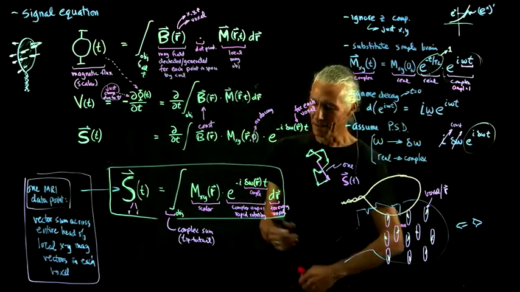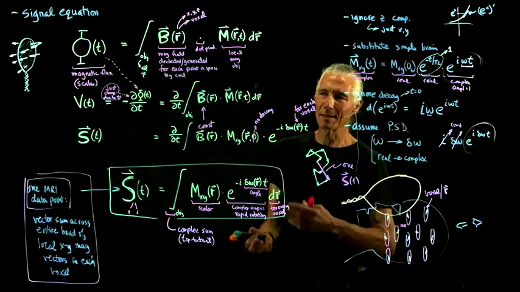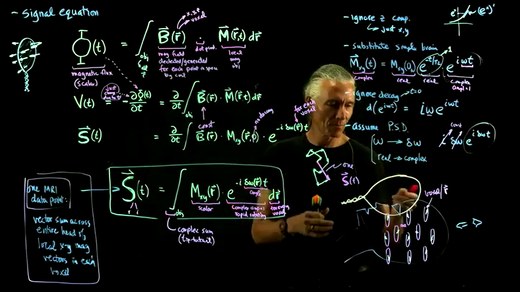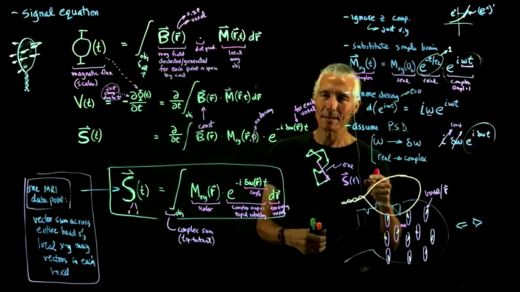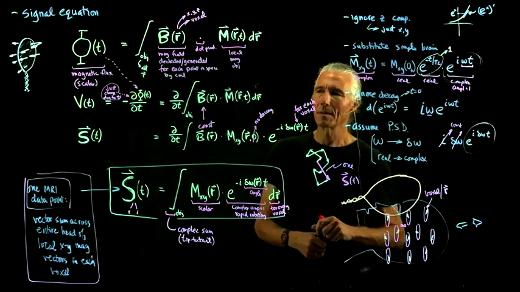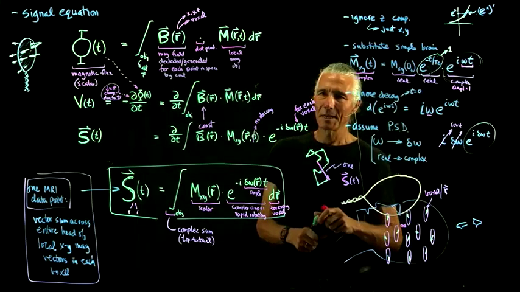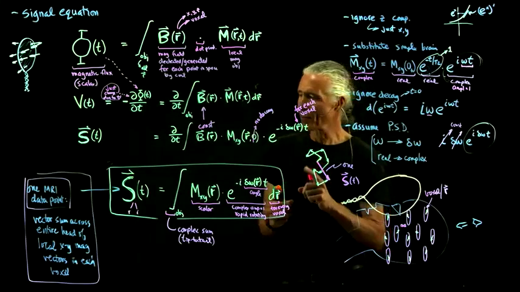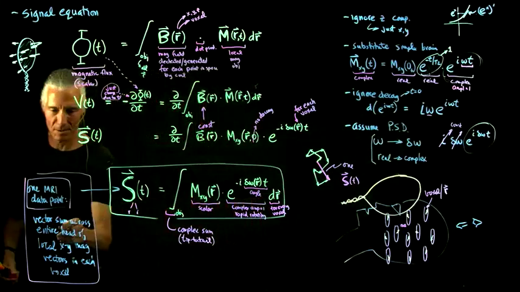But this is the popular signal equation, and we actually do use this through a Fourier transform to generate distinguishable signals from pieces of the brain that are 1 millimeter from each other. But the important point is that all the data points come from the entire head.